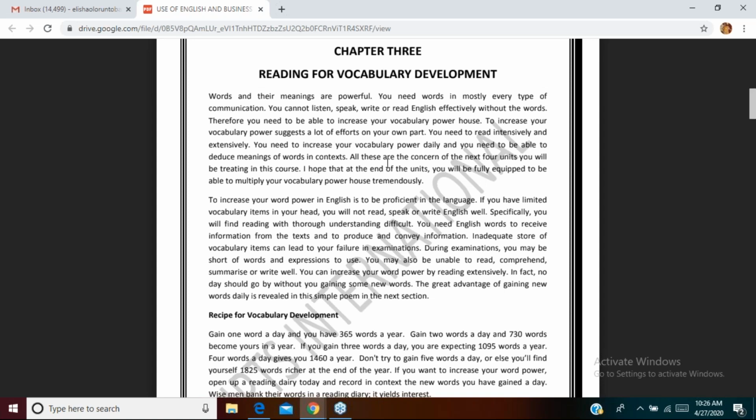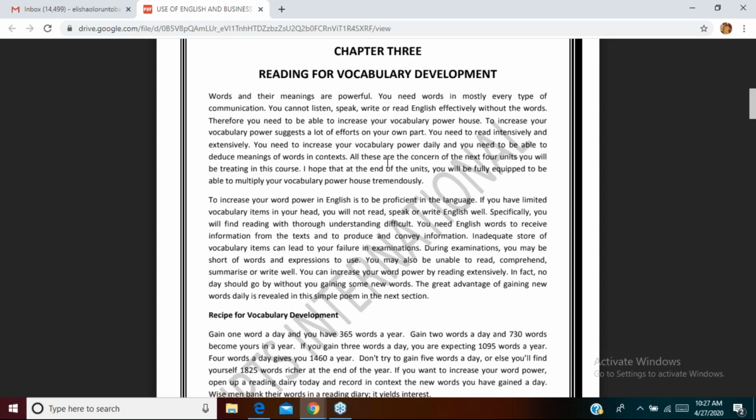Whatever I am doing with you right now is communication. You cannot listen, speak, write, or read English effectively without the words. Therefore, you need to be able to what? Increase your vocabulary power. Very important.